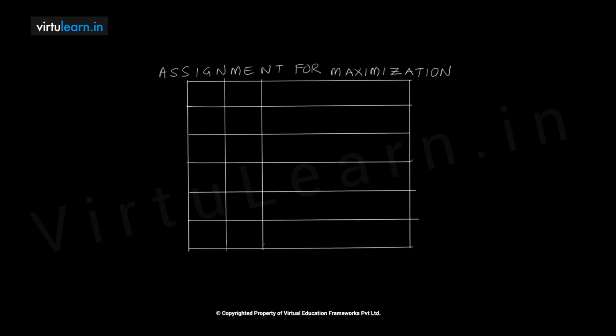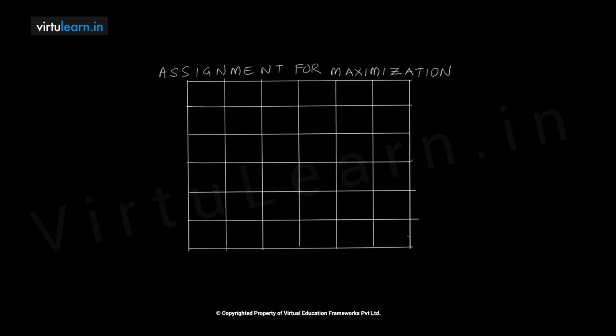So the first step we need to do is convert that maximization problem into a minimization problem, because we have already seen how to minimize and what the steps are.